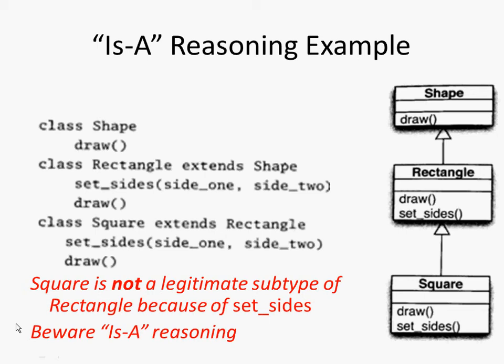And if rectangle had a constructor that took two values of each of the sides, that would be a perfectly legitimate subtype. It's because you can't have the set, and it can't be set to two different values.